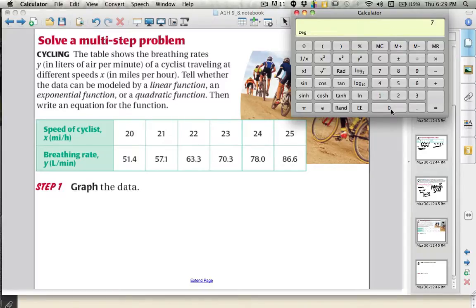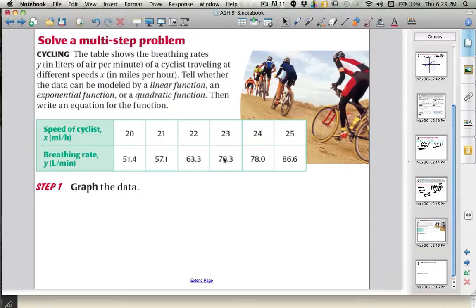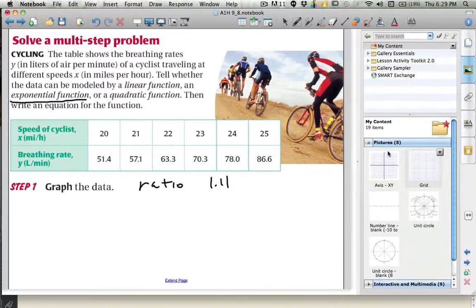If I have 70.3 divided by 63.3, that's 1.11. So I can see now that my ratio is 1.11, and that means that it is an exponential function.